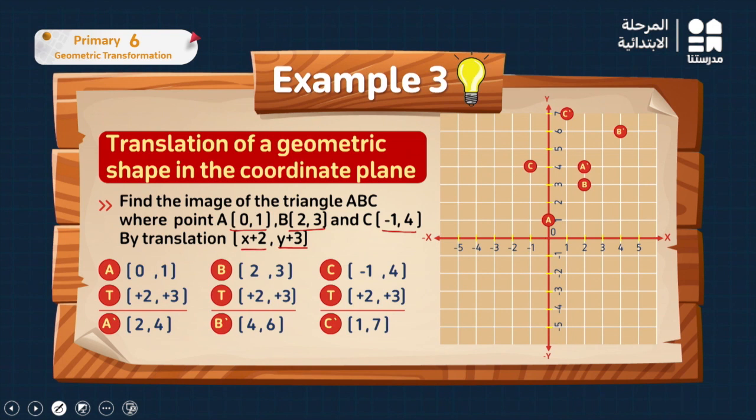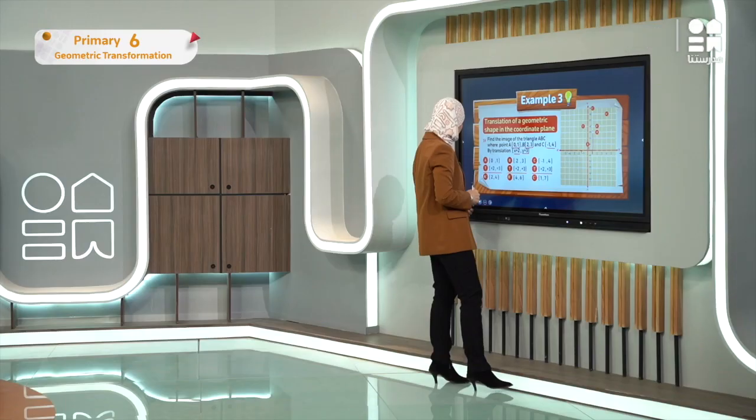So we're going to move to the negative side of X, negative 1 and 4. So this is my C. And my image of C will be 1 and 7. 1 and get up to the 7. So this is the C dash.